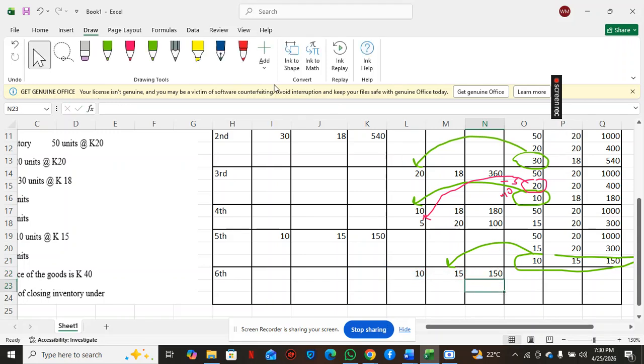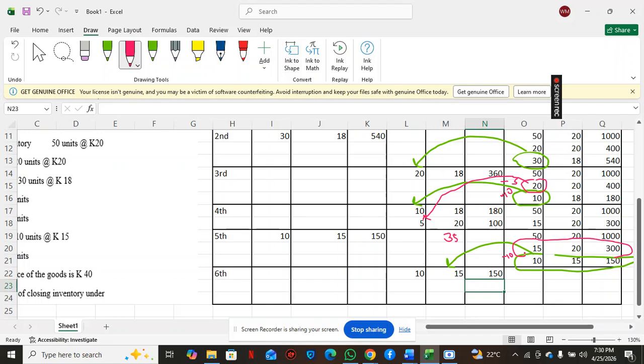Remember, we sold 35. The first 10 come out from here. Then the next batch is coming from here.